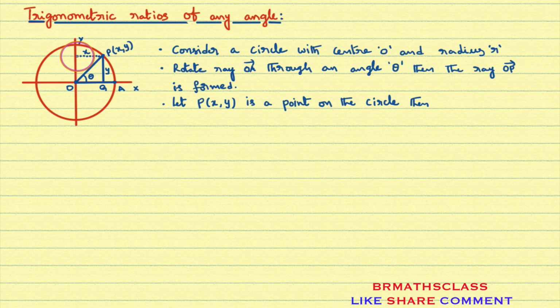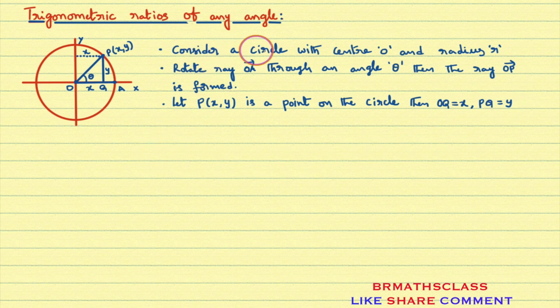If this length is x, then OQ is also x. So if P(x, y) is a point on this circle, then OQ equals x and PQ equals y.